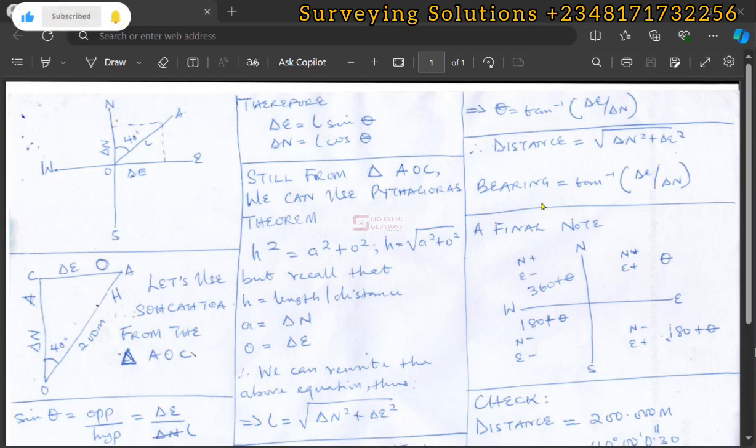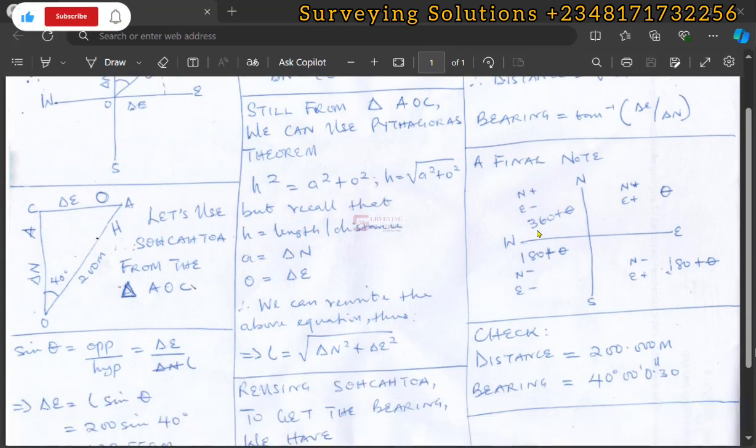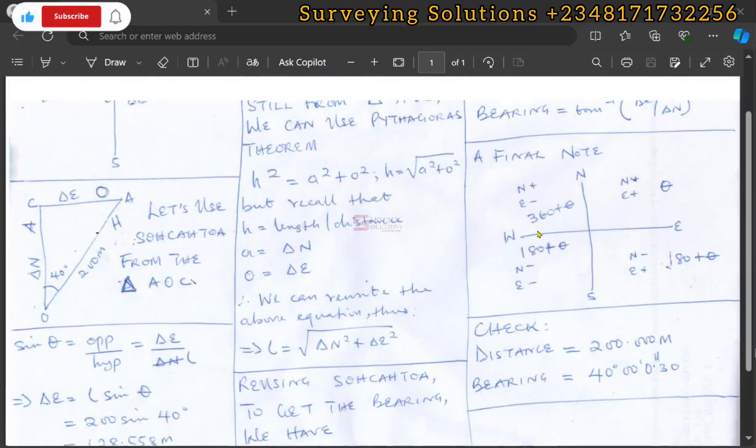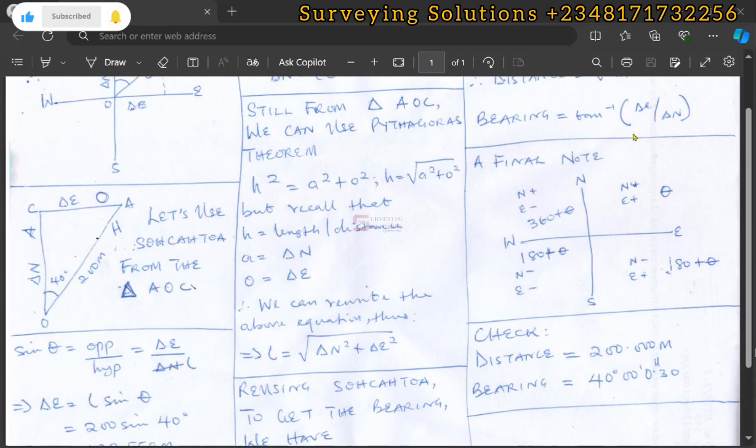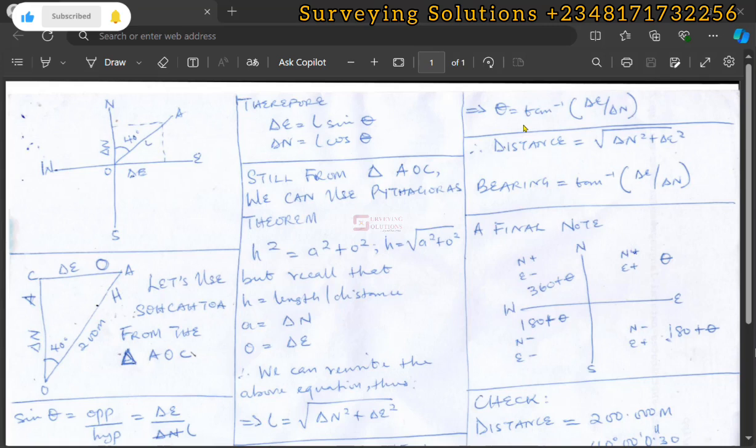Now, a final note. This final note is very crucial. It is extremely important when you are trying to define the bearings of lines using this tan inverse of easting over northing. Remember, when we started, we told you that your bearing can come from any quadrant, right? Good. So let's now use this.